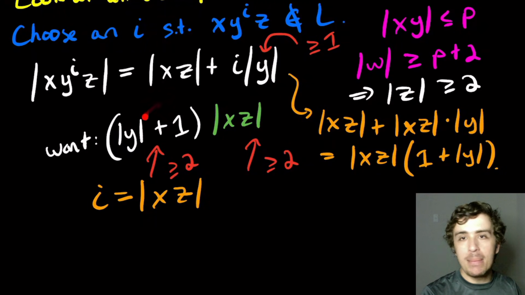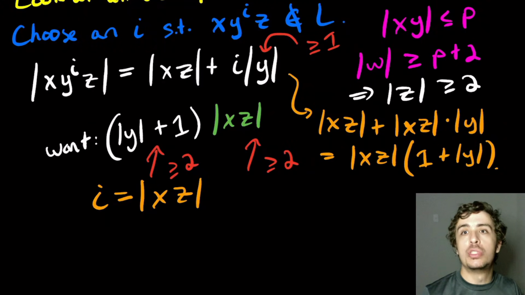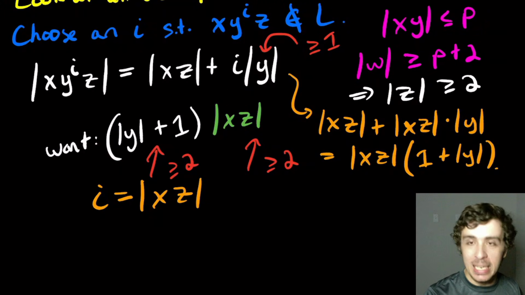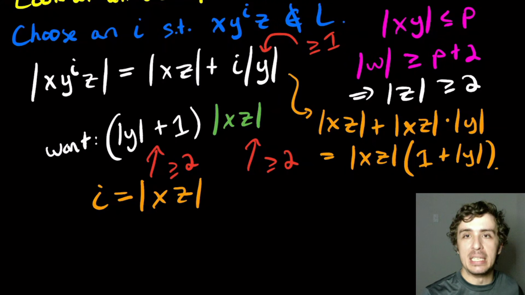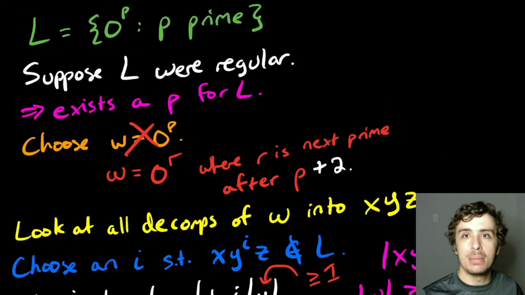So whatever that number is, which is the length of that string, has to be composite. It's not prime, and therefore this string is not in the language. That shows that the language is not regular, because if it were, it would always be a prime. But we found an example where it is not a prime. So that's how you show that the language of primes is not regular.